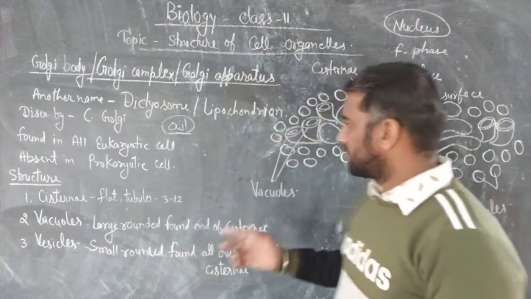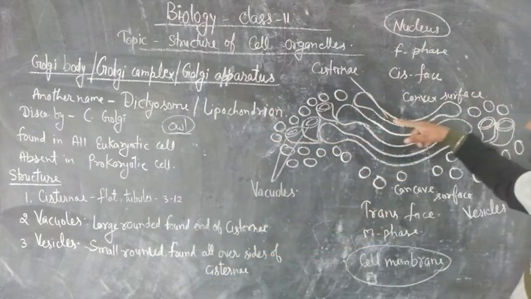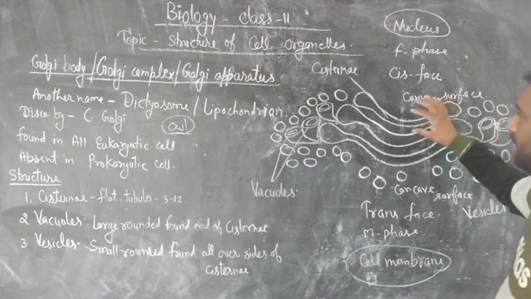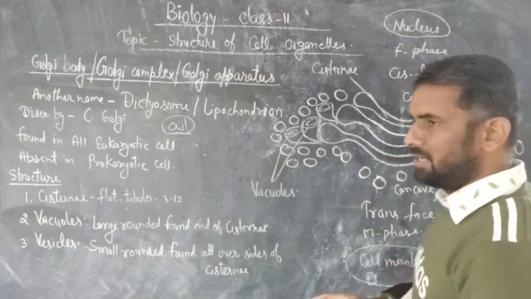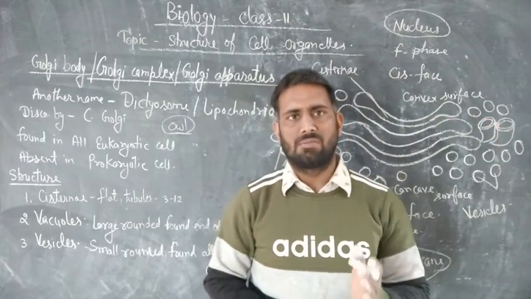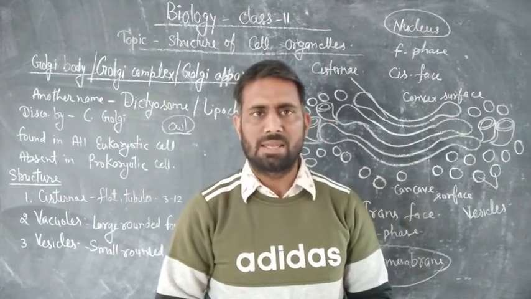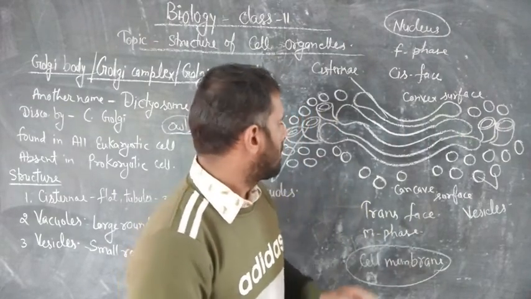The cisternae are slightly curved. They form two surfaces: one is the concave surface and the second is the convex surface.